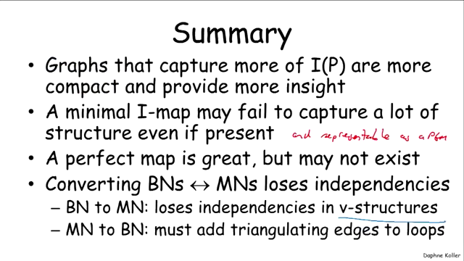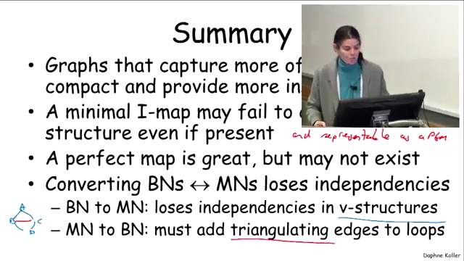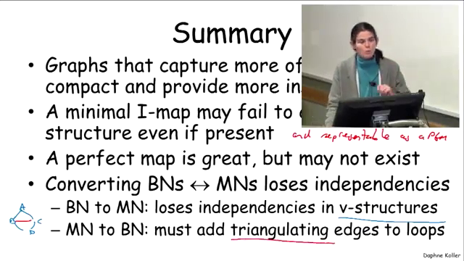And when you go from a Markov network to a Bayesian network, we need to add edges inside loops like the ABCD loop. We had to add this edge in the middle, an edge typically called a triangulating edge because it turns the loop into a pair of triangles.